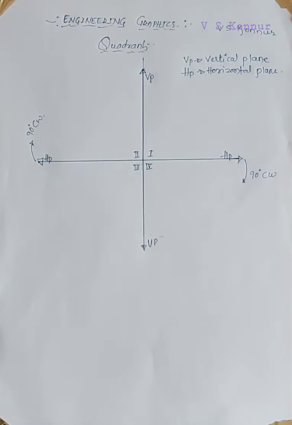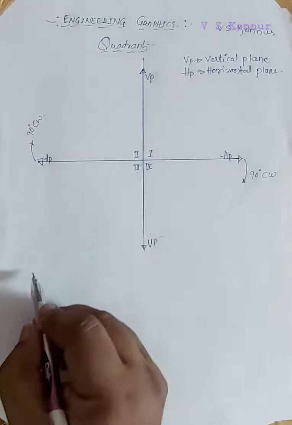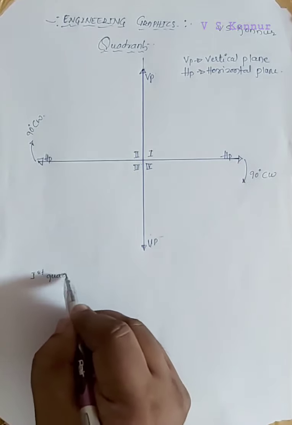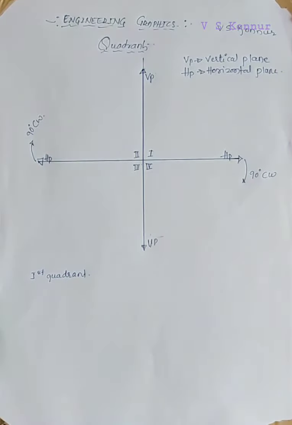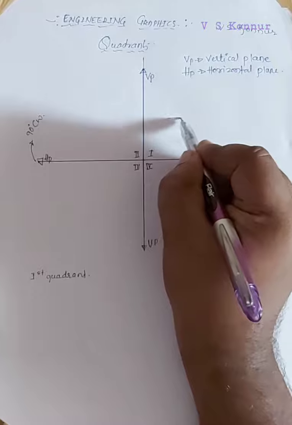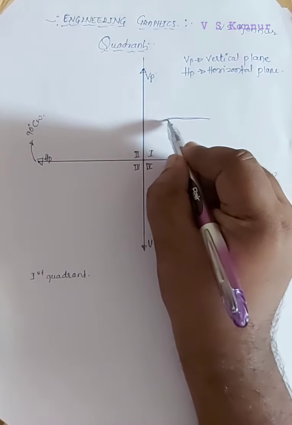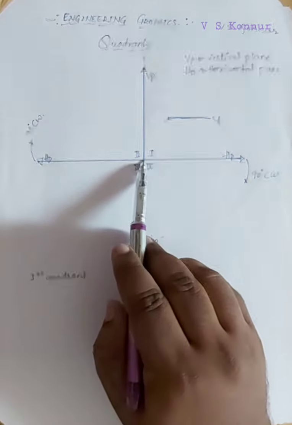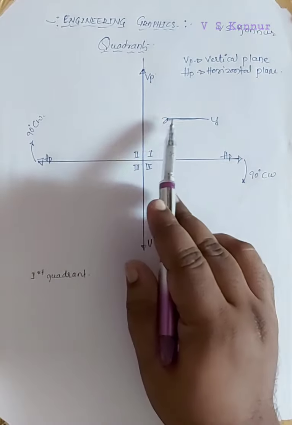So first condition for the first quadrant. This is the first quadrant, this is XY line, right. This intersection is called as XY line. I had drawn the XY line here.